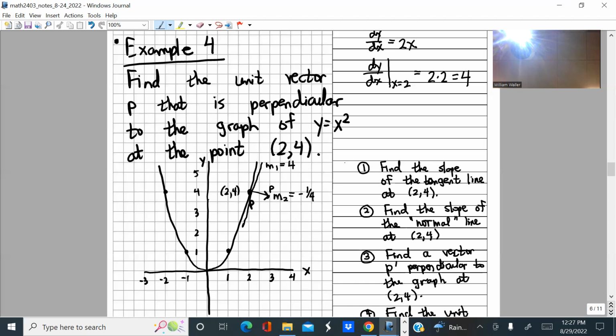Can you tell me another point here, maybe the terminal point of a vector that would have the right slope? How could I draw this picture with initial point (2, 4) and some terminal point?